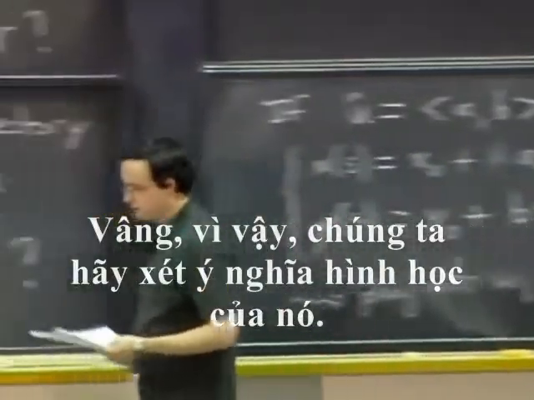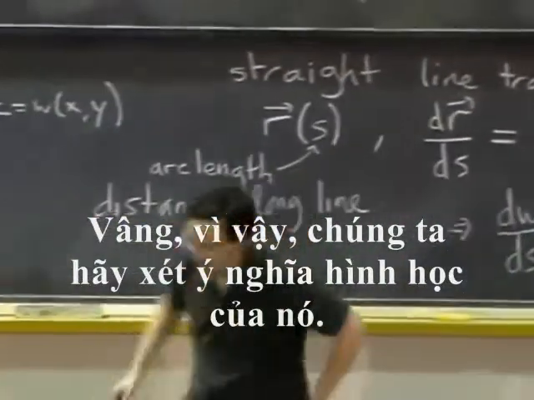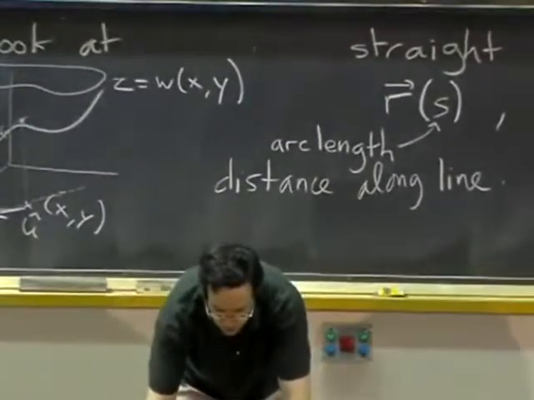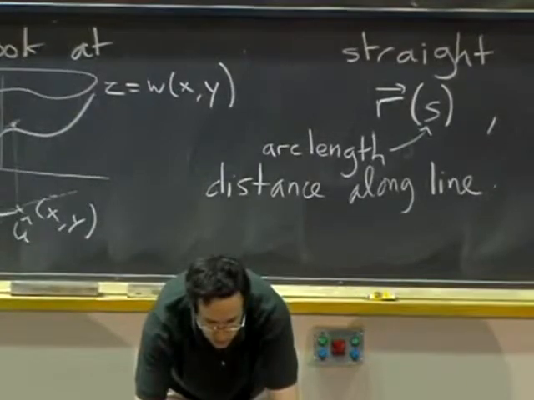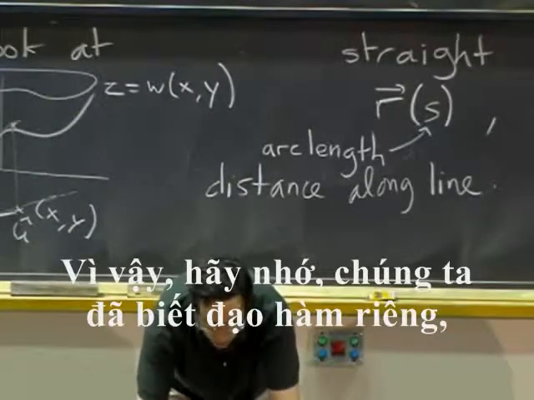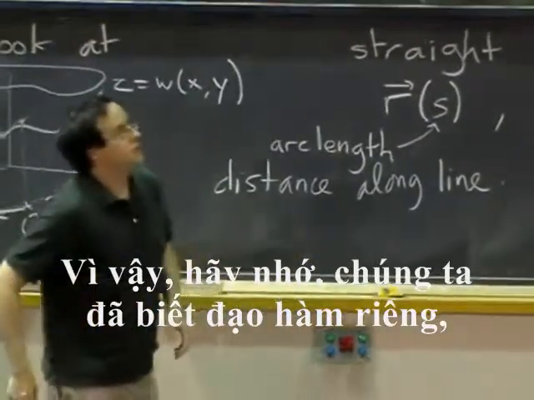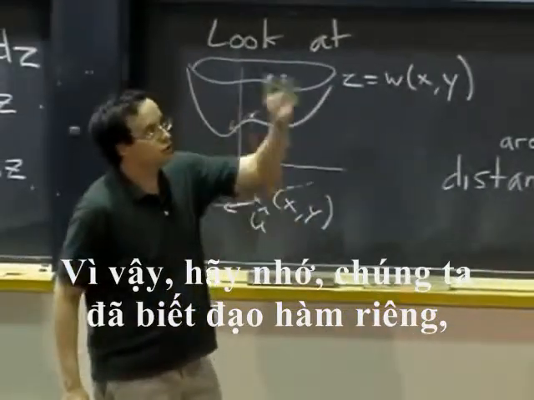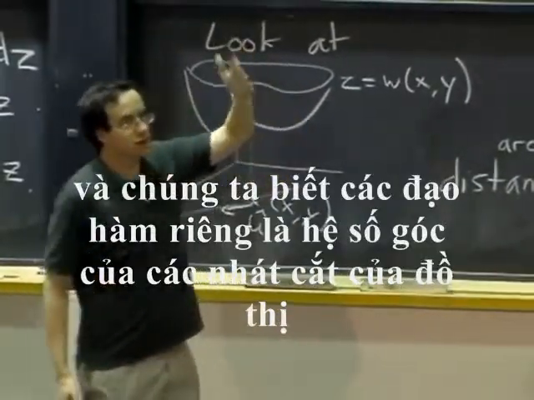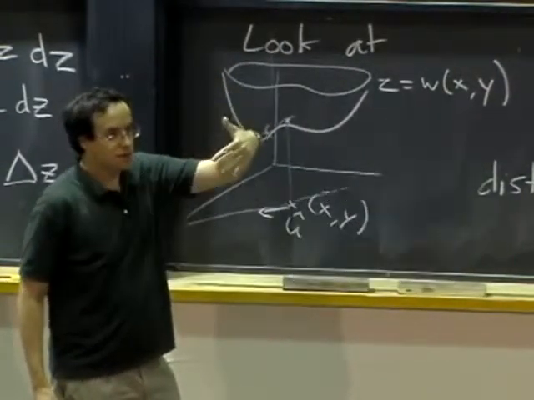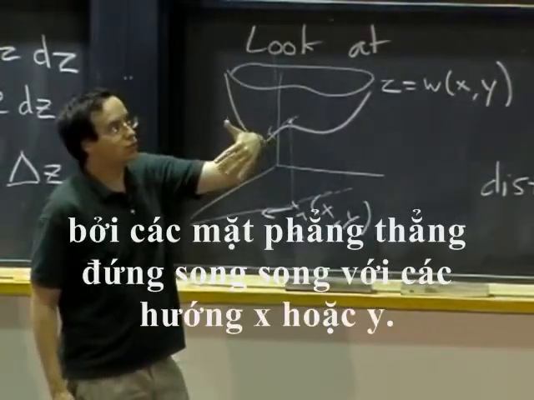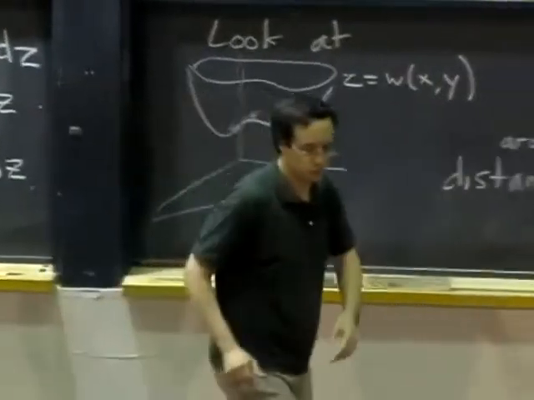Okay, so let's see what it means geometrically. So remember, we've seen things about partial derivatives, and we've seen that the partial derivatives are the slopes of slices of the graph by vertical planes that are parallel to the x or the y directions.